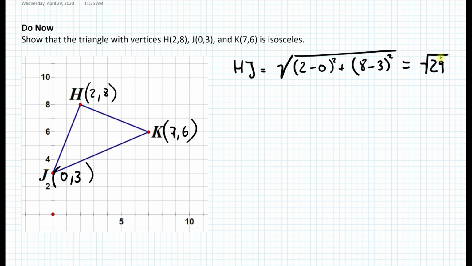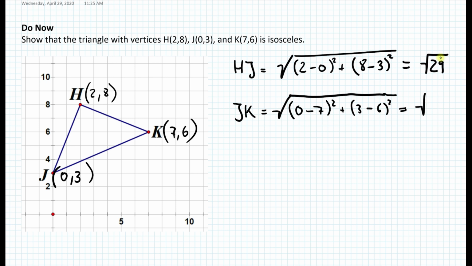Let's find the distance between J and K. That is equal to the square root of the difference of the x values, which is 0 minus 7, and then we square it, plus 3 minus 6, and then we square it. Notice that even though you end up with negative numbers here, when you square a negative number, you end up with a positive value anyway. So the answer is going to be positive, okay? So here we have square root of 58.